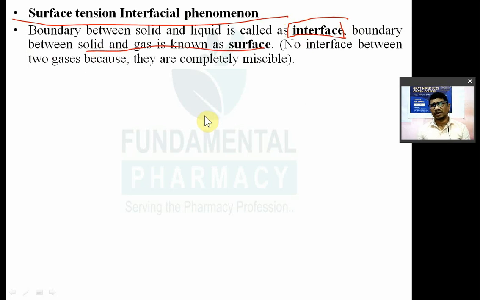There is no interface between two gases because they are completely miscible. If two gases are mixed, there is no boundary between them. If two miscible liquids are mixed, you also don't have any boundary because they are completely miscible, right? But in the case of immiscible liquids, you have an interface, right? So surface and interface, right?